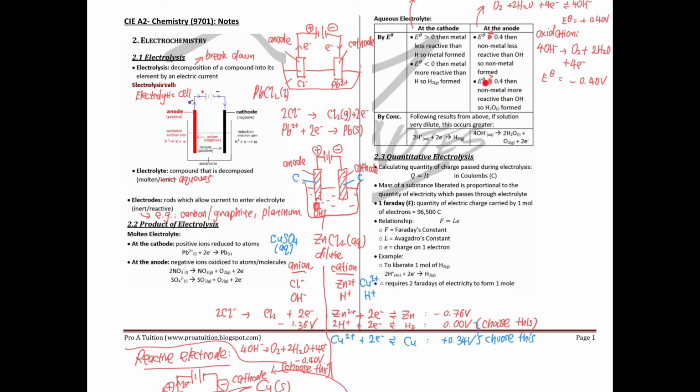What they say is, before you swap, whichever is more positive, you don't choose. You choose the other one. And this is the other way around. If your E theta is less than 0.4, then you choose the non-metal to form product. So this is the other case.